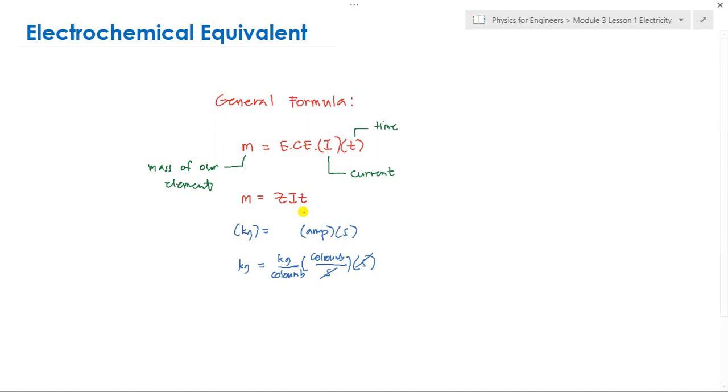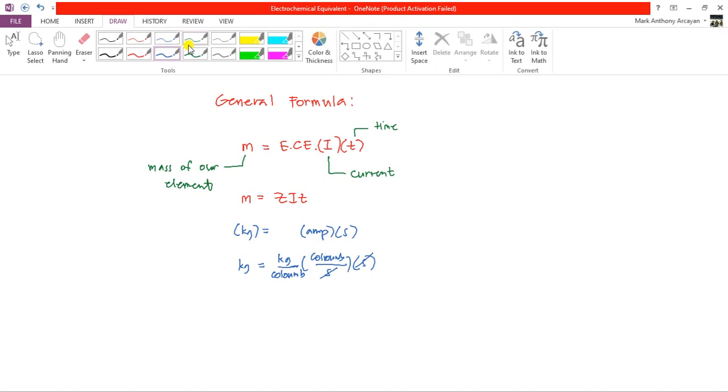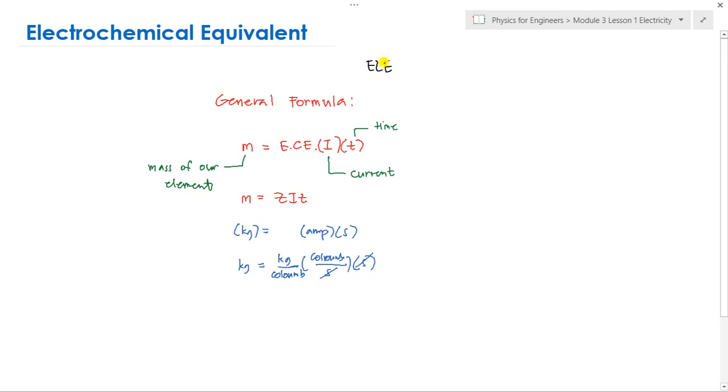Again, this is the process in which our element is subjected to electrolysis, wherein we quantify the equivalent of this reaction of the element in terms of the electricity that can be produced.